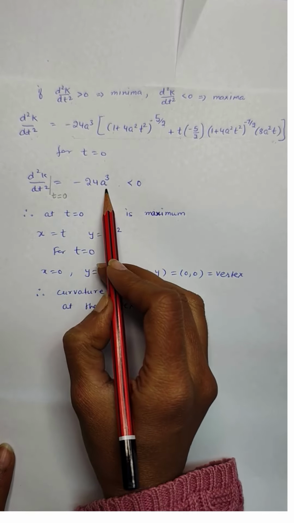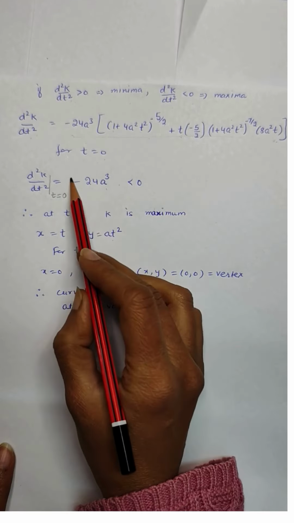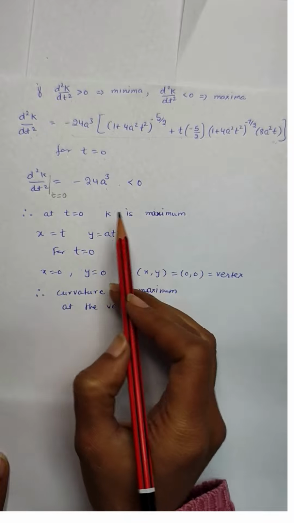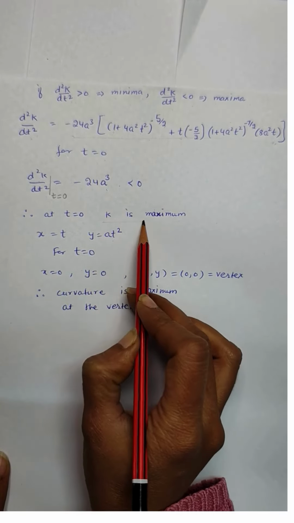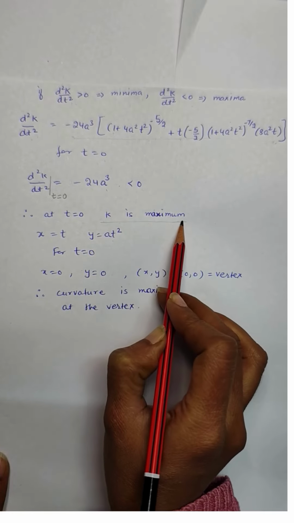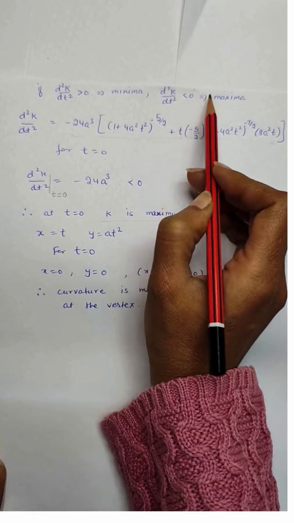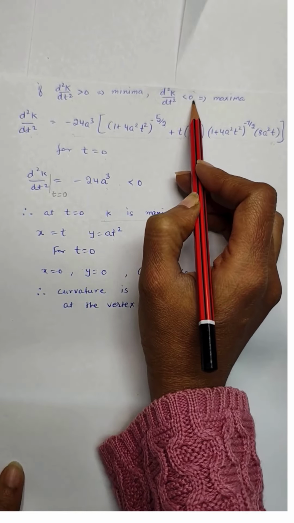Since a is given to be positive, this number is going to be negative for t equal to 0. So that means k has a maxima at t equal to 0 because the second derivative is negative at t equal to 0.